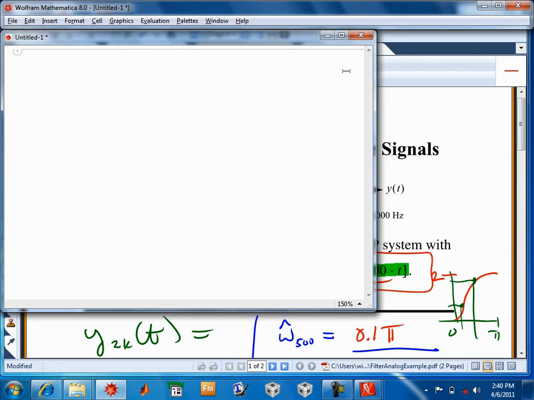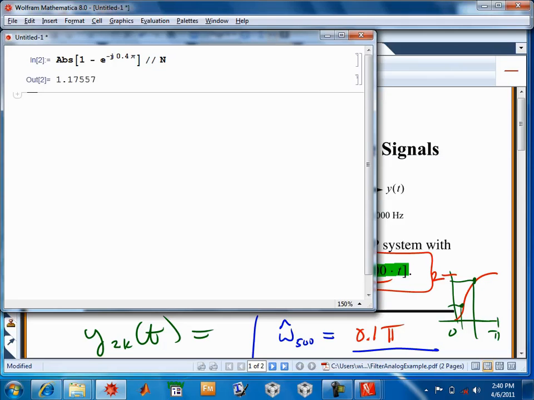Okay, so what we were trying to do is calculate the ABS of 1 minus e to the J of 0.4 pi. And I want it to give me a numerical value. Okay, there's that guy.